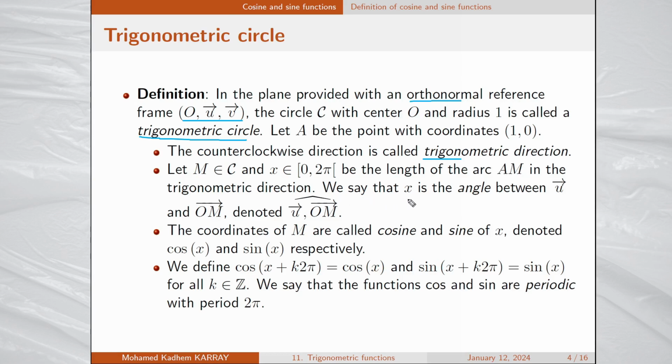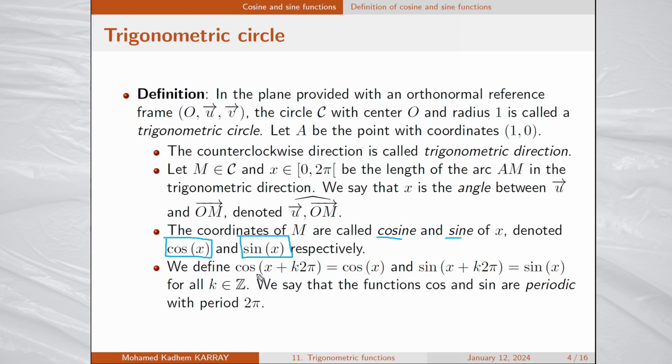We say that x is the angle between U and OM, and it is denoted like this. So this notation here is the angle which we denote by x. In this case, the coordinates of M are called cosine and sine of x, and they are denoted cos x and sin x, respectively.